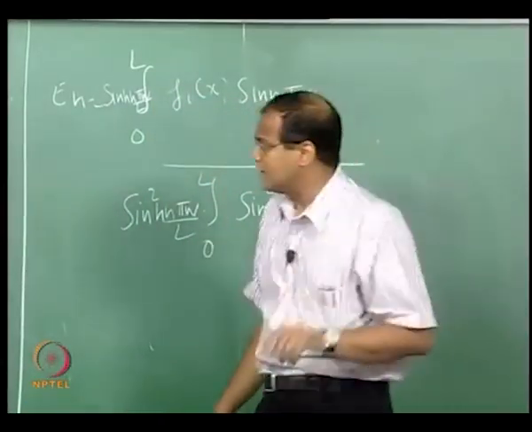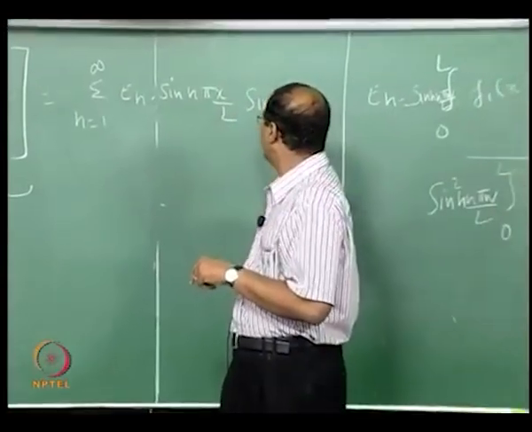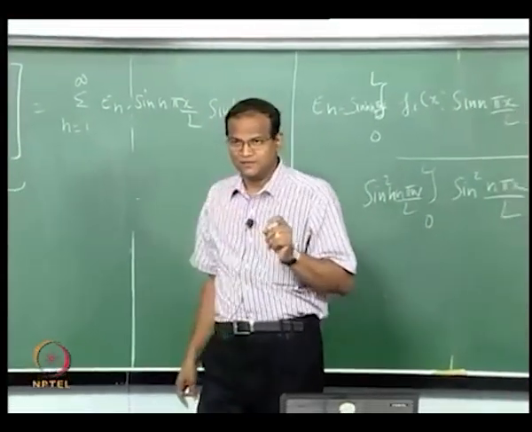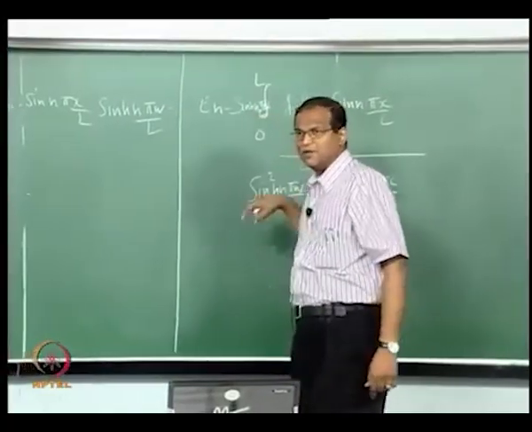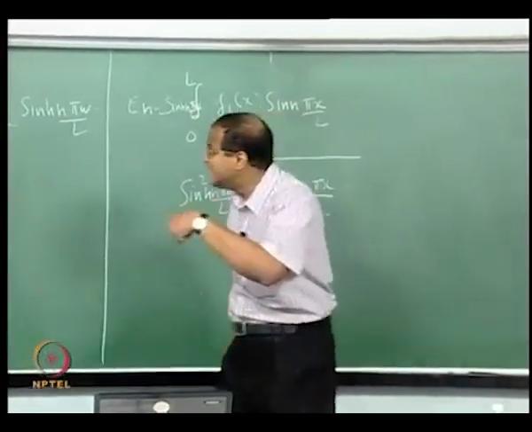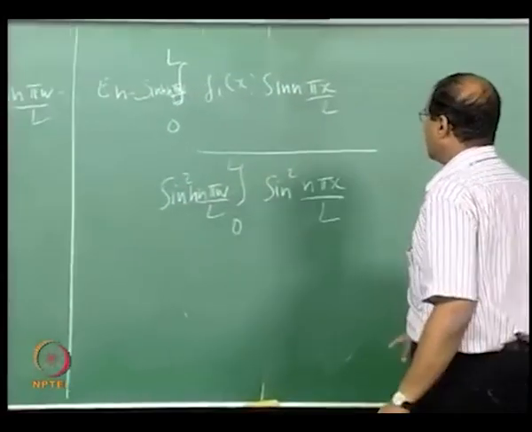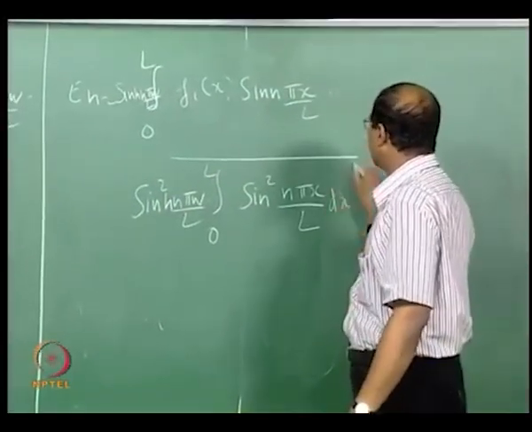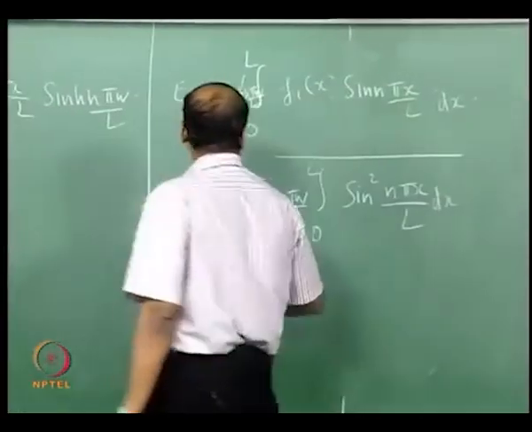Our Gn is not sin n pi x by L into sinh, because that fellow has got, unfortunately it is having n, okay. So it is multiplying the numerator, it is also multiplying, denominator is Gn square, okay, but fortunately for us it can be taken out of the integral, correct, because integration with respect to x, we will cancel this.